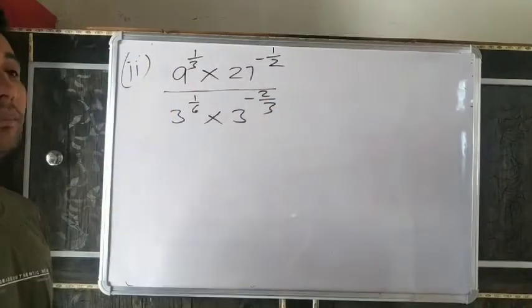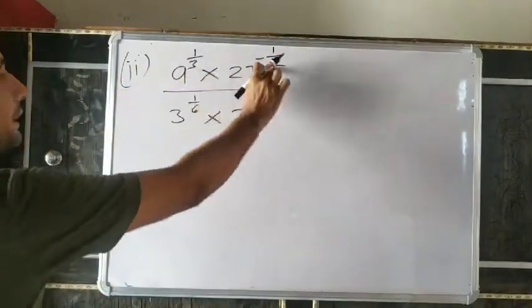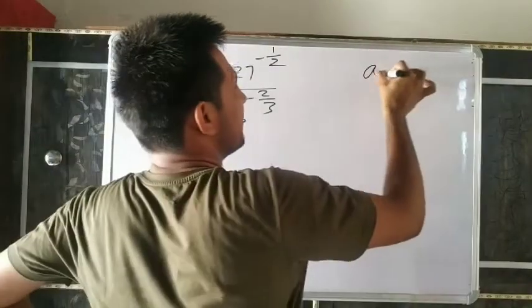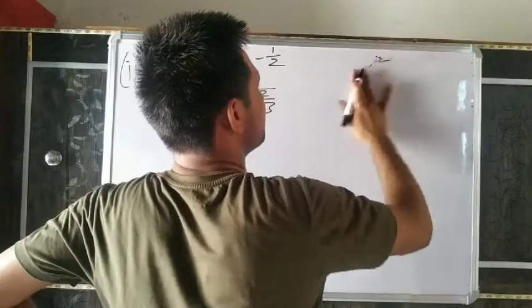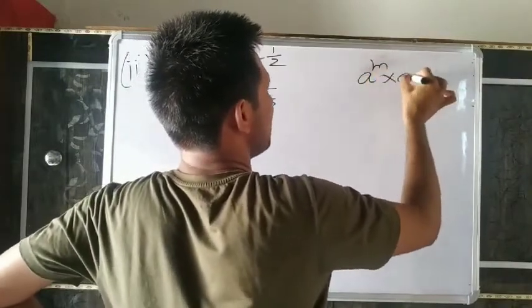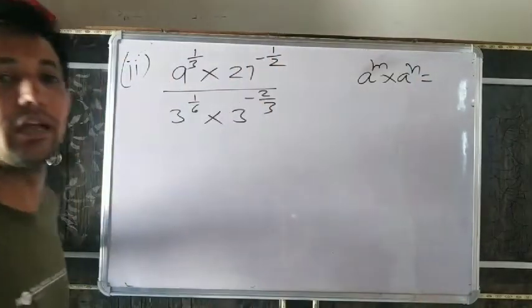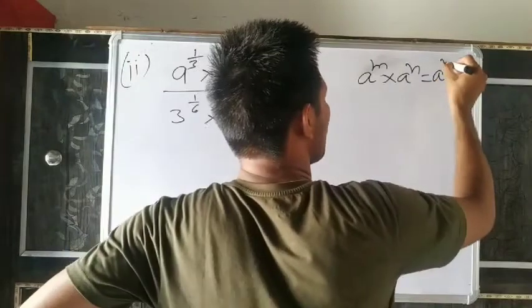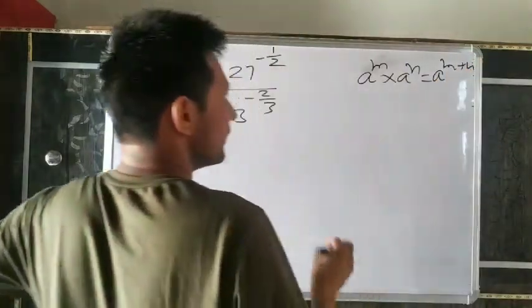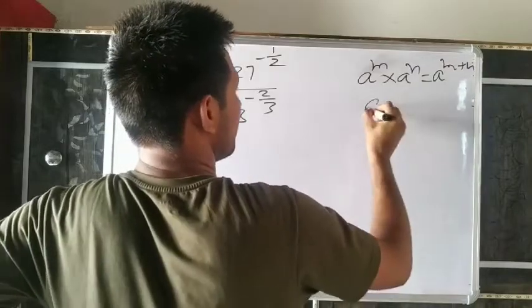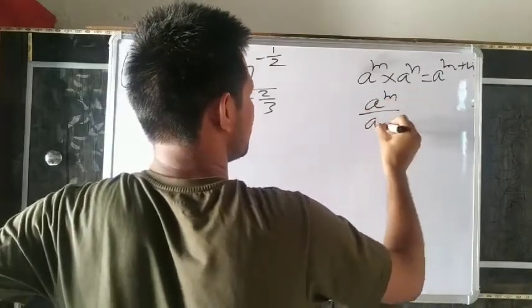It is very simple. Here is multiply, here is divide. In multiplication, when the base is the same, the powers add. Everyone knows the formula.